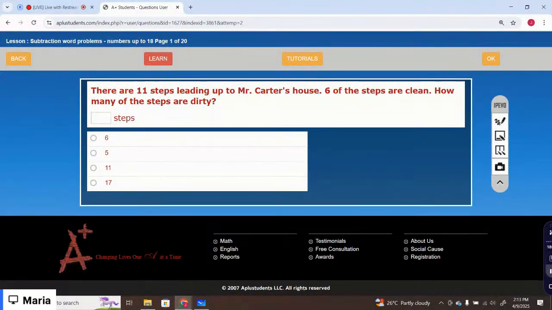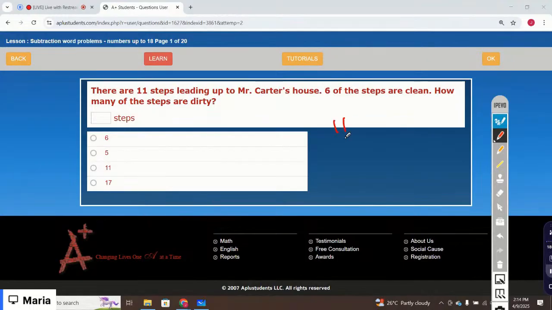There are 11 steps leading to Mr. Carter's house. 6 of the steps are clean. How many steps are dirty? So you have to do 11 take away 6.